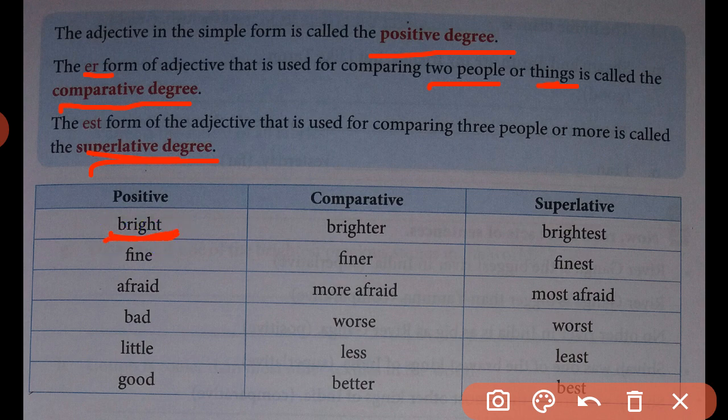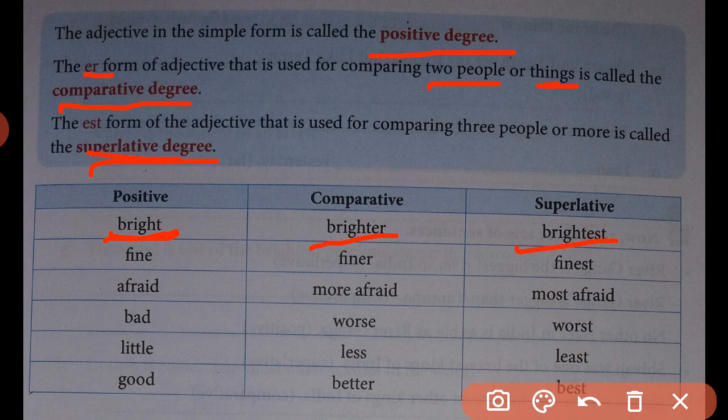But in comparative form, when we add er to the root, that simple form of the positive degree, then it becomes brighter. For superlative form, it becomes brightest.